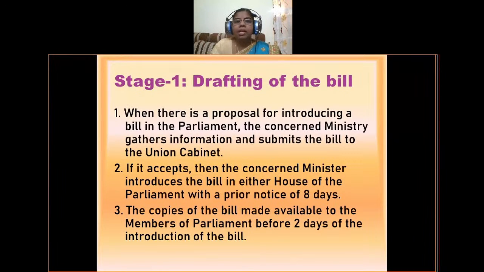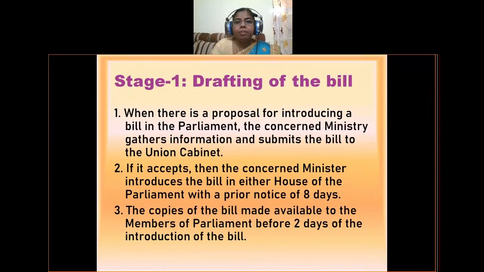Any minister can introduce bills in the parliament, but before introducing the bill, he has to draft it. The bill will be drafted, the information will be gathered, and it will be submitted in the union cabinet meeting. If the union cabinet accepts, then permission is given to introduce the bill in the houses of the parliament. Then the concerned minister introduces the bill in either house of the parliament with a prior notice of 8 days.